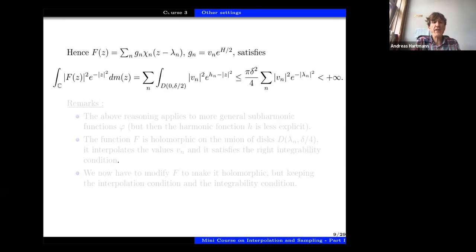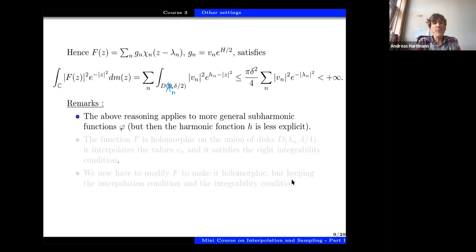Maybe this should have been Z. This is a disk centered at Z. No, at lambda n, excuse me, I'm confused. And well, this sum is of course bounded by hypothesis. So this reasoning, as I already mentioned, applies to more general settings, and that's the paper of Borichev, Bernsen and Kim.